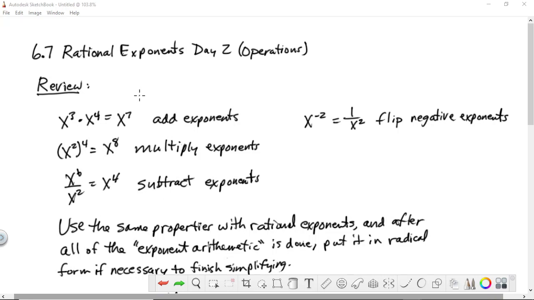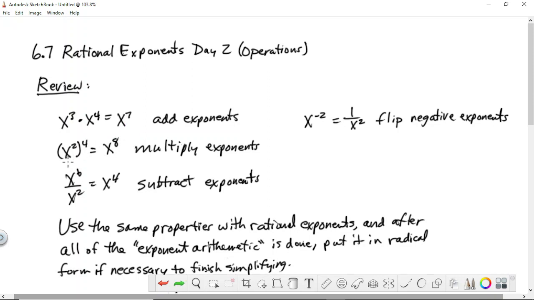So here's a review. I'm looking at whole number exponents, and these are things that we're familiar with already. When we multiply, we add the exponents.